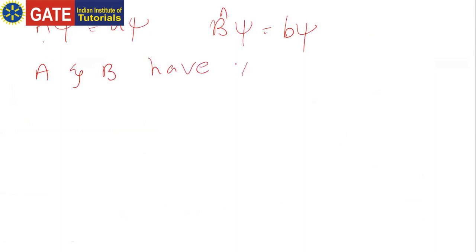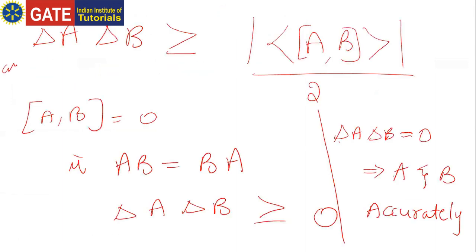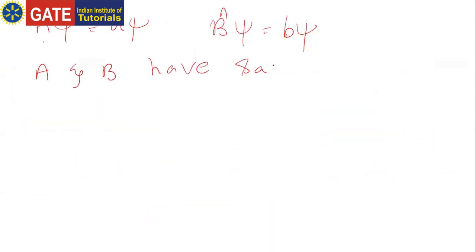Okay, suppose A cap psi equals a psi and B cap psi equals b psi. Assume that A and B have the same eigenvectors.